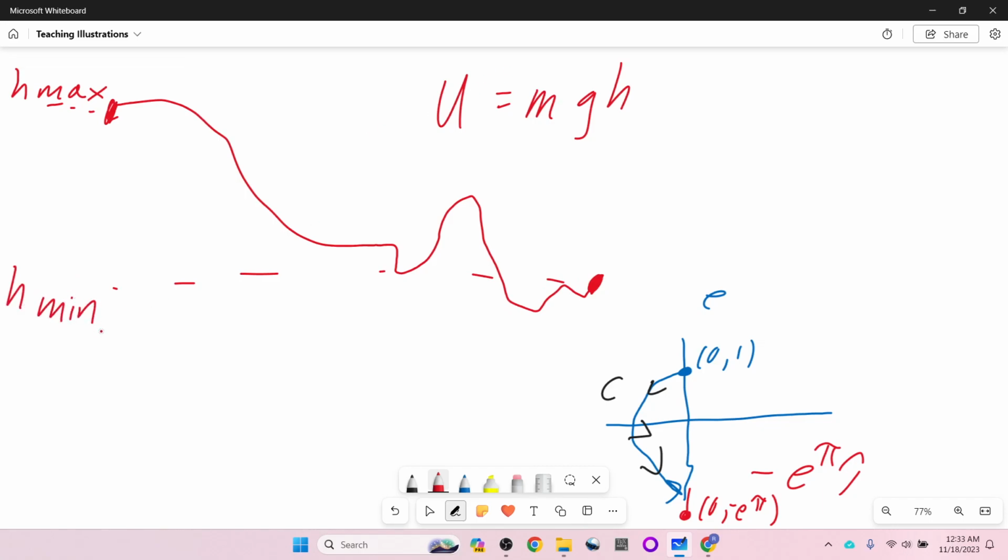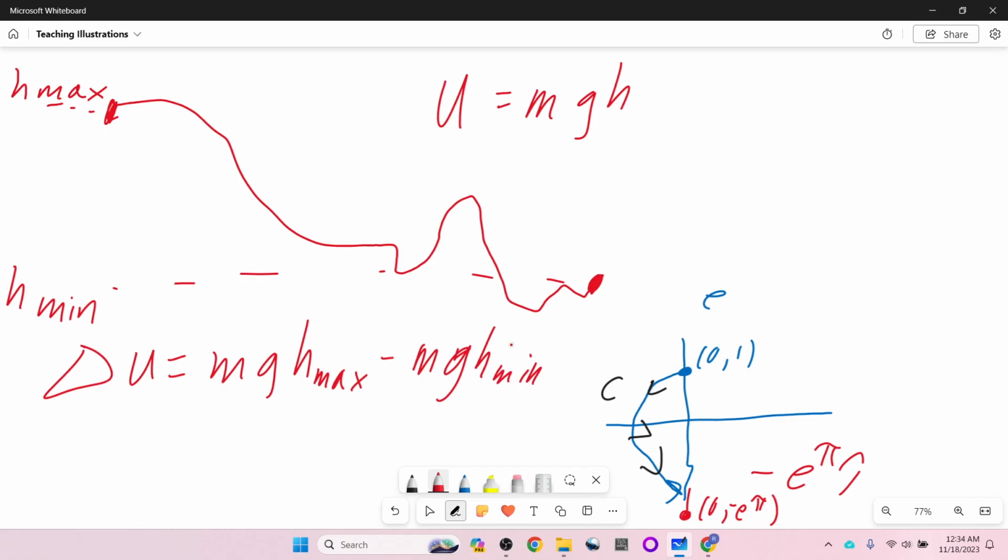And you could just say the change in potential energy would just be mg times H max minus mg H min. So all you had to do was get the energy at the top minus the energy at the bottom, and that's how much energy has been lost, and that's why they call it potential energy.